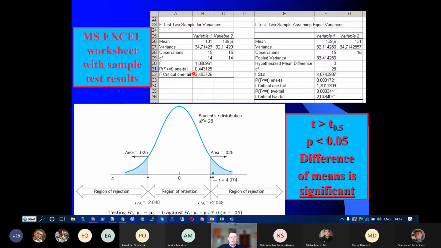And here is what we obtain: the Fisher test and the critical value. The null hypothesis for the Fisher test says that the variances are statistically equal. The alternative: the variances are not equal. So F is less than F critical, and we should accept the null hypothesis that the variances are statistically equal.